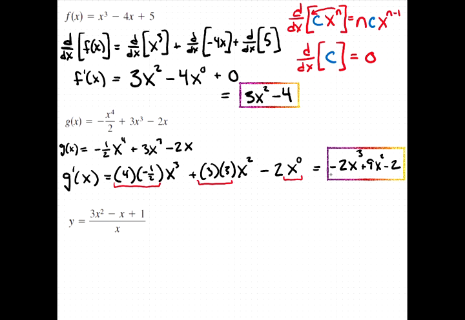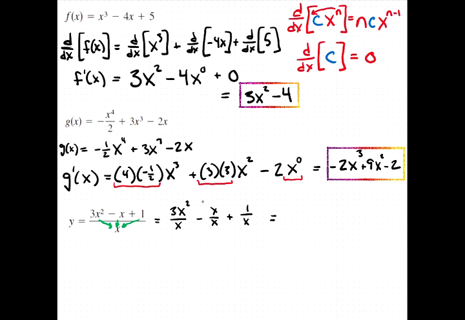Now for the third problem, we could rewrite this. We could split this up into three fractions. So we have the 3x squared over x, we have the x over x, and we have the 1 over x. So we could rewrite this as 3x squared over x minus x over x plus 1 over x.